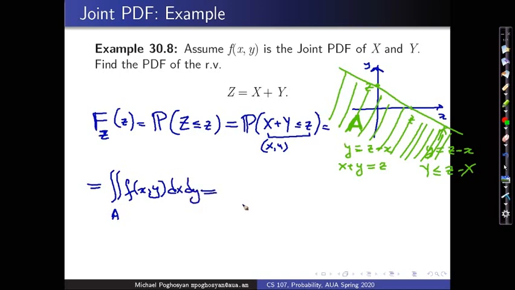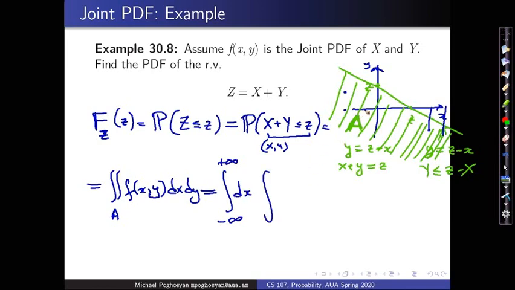I'm writing it in the iterated integrals form. For points in this A, x is running from minus infinity to plus infinity. The x coordinates of these points are moving from minus infinity to plus infinity, dx.